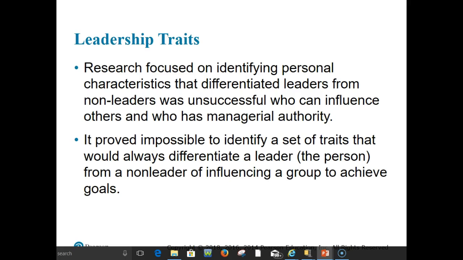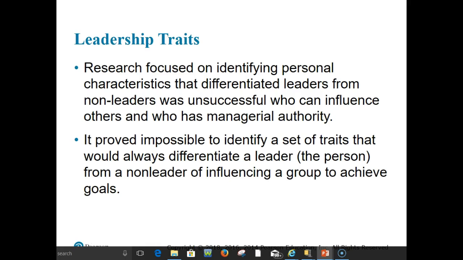Now, leadership research in the 1920s and the 1930s focused on isolating leadership traits, that is, characteristics that would differentiate leaders from non-leaders. Some of the traits studied included physical stature, appearance, social class, emotional stability, fluency of speech, and sociability.